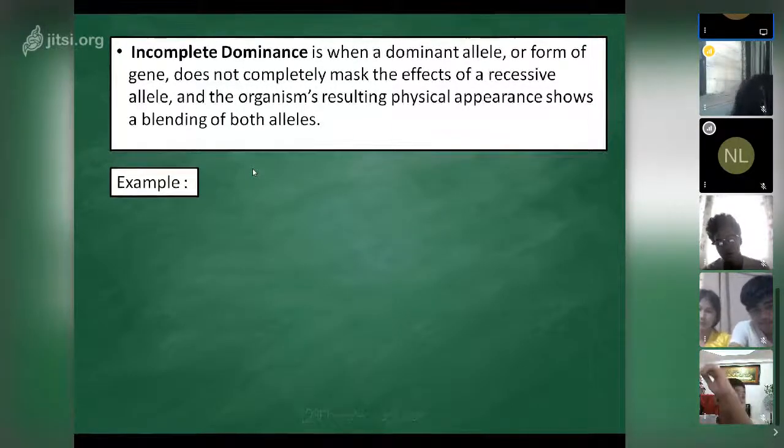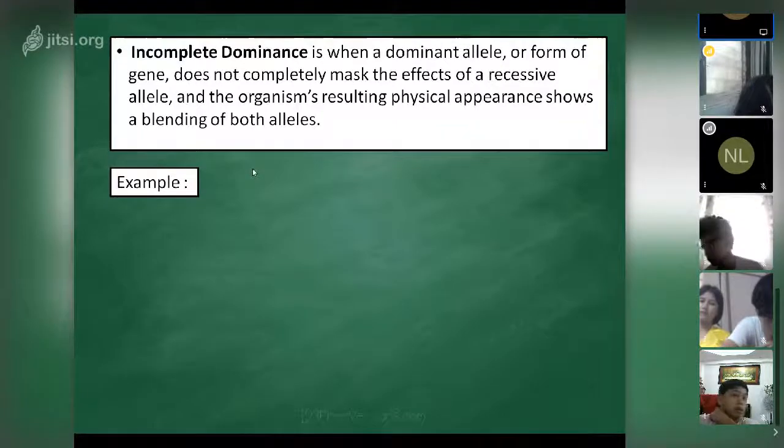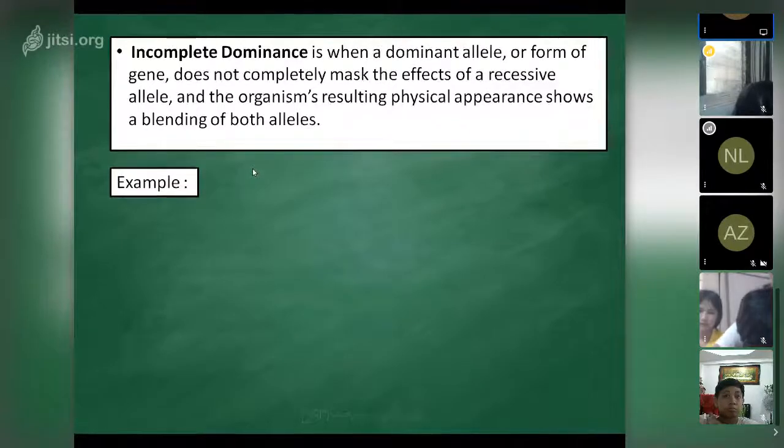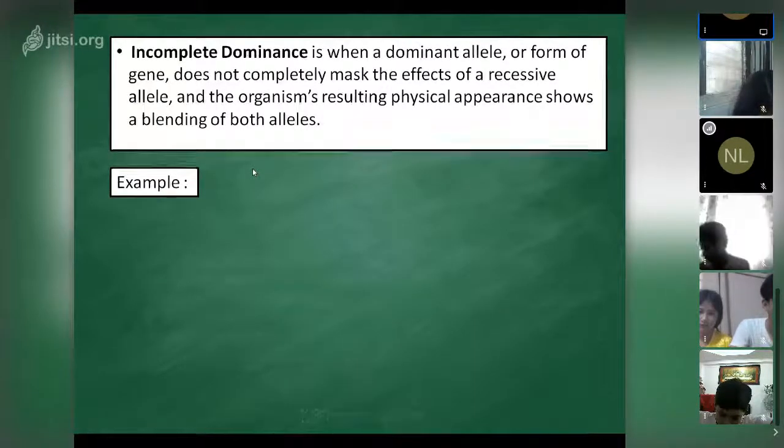So the result, class, is a blending of both alleles.